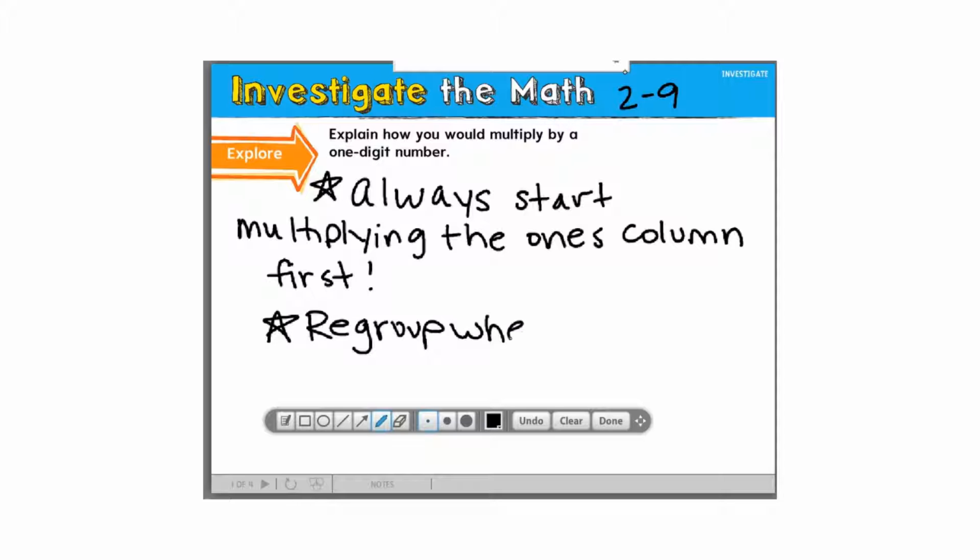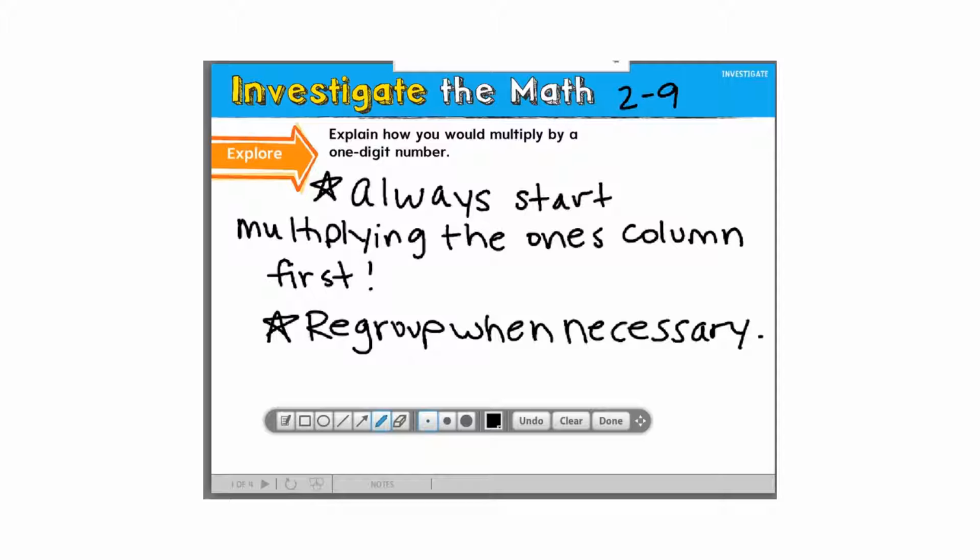And then we're going to talk about what regroup is if you forgot. Regrouping is if I multiply 6 times 3 and the number is 18, I would have to regroup by putting the 1 above in the tens place and put the 8 underneath the ones. Okay, that is called regrouping. Sometimes we call it that you carry the 1, things like that.